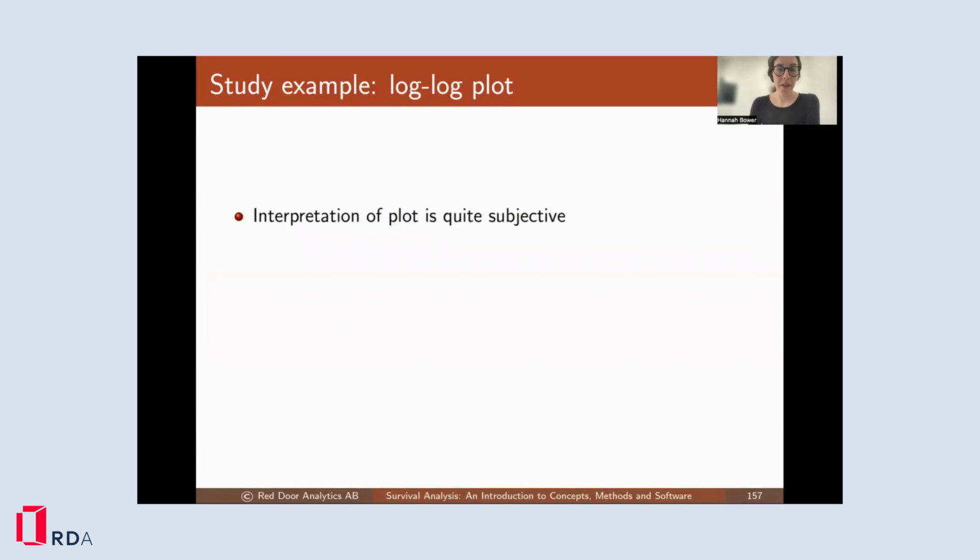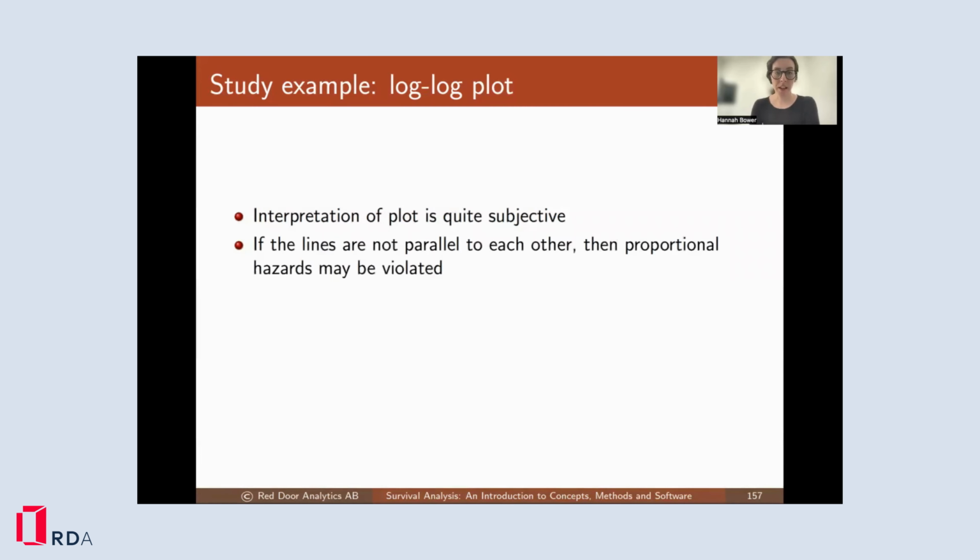So some things about this log-log plot, I would say that the interpretation of the plot is quite subjective. I think some people may say that, yes, definitely these are parallel. Some people may overinterpret a wiggle a little bit more than others, so that can be quite problematic.